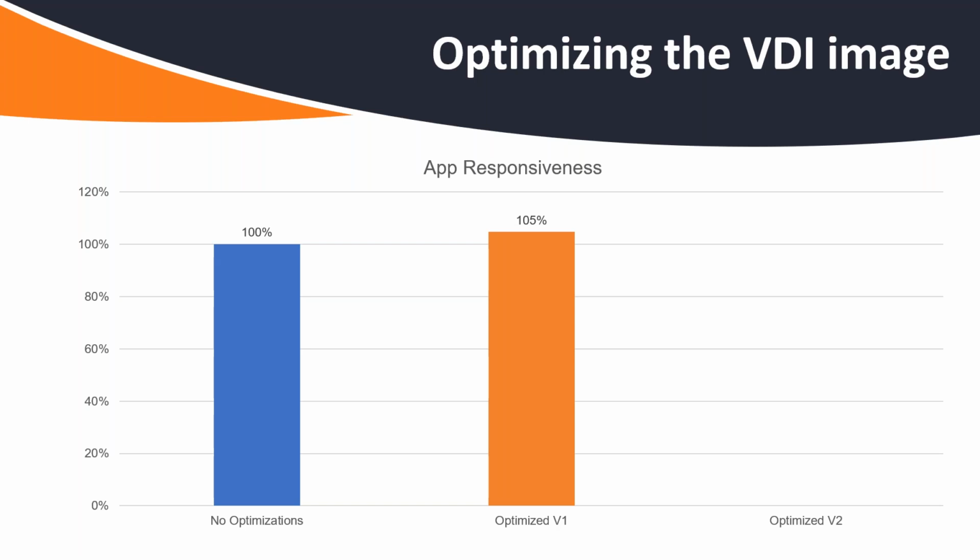We ran the same test for the optimized V2, and we saw 9% faster application responsiveness. So overall, having these optimizations in your image brings better density and better user experience, measured with Login VSI.